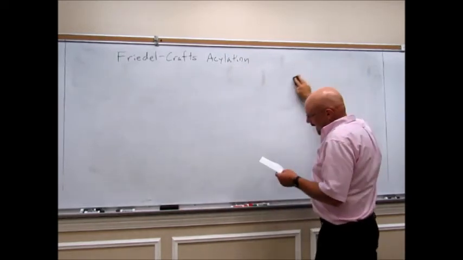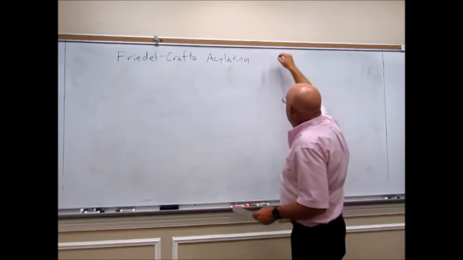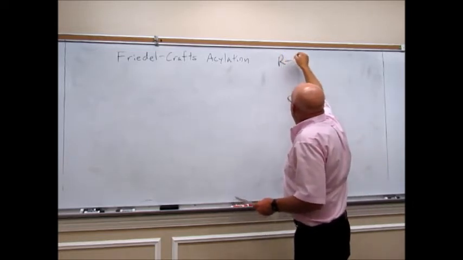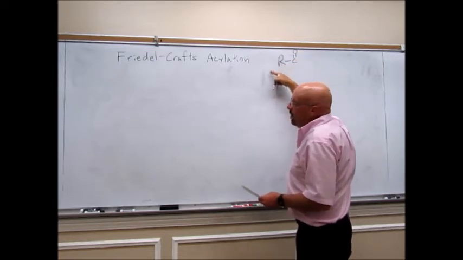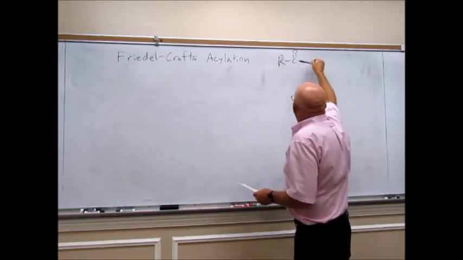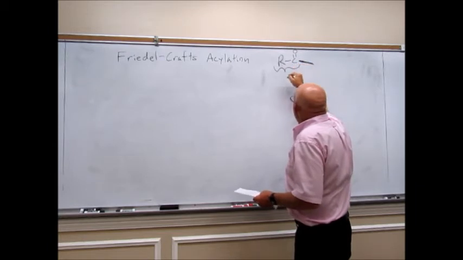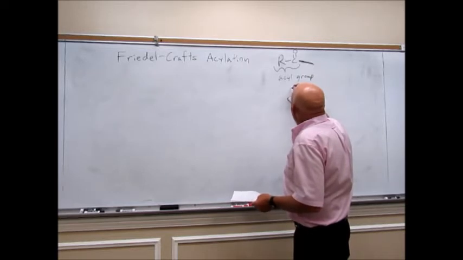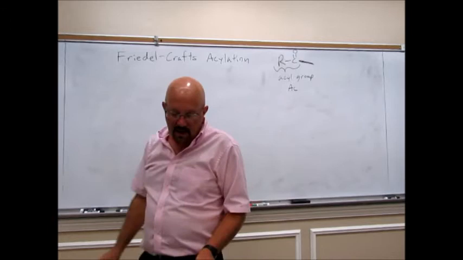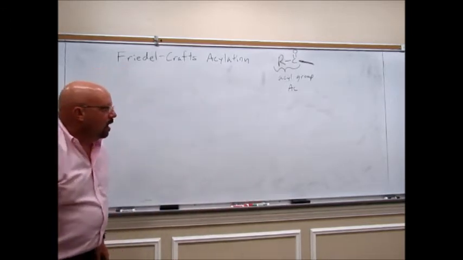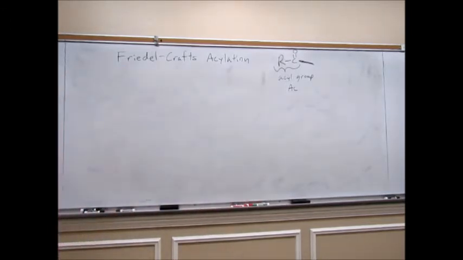We're going to be putting an acyl group on. An acyl group is a carbonyl with an alkyl coming off of one side. This is an acyl group. We've talked about that before. It's got an abbreviation of Ac. That's an acyl group. So we're going to be looking at putting an acyl group onto an aromatic ring.